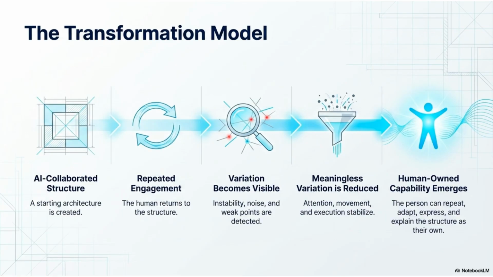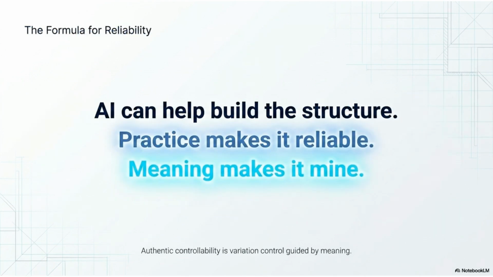Attention, movement, and execution become more stable. And finally, human-owned capability emerges. At this point, the person can repeat, adapt, express, and explain the structure as their own. The structure is no longer only external. It has become capability.